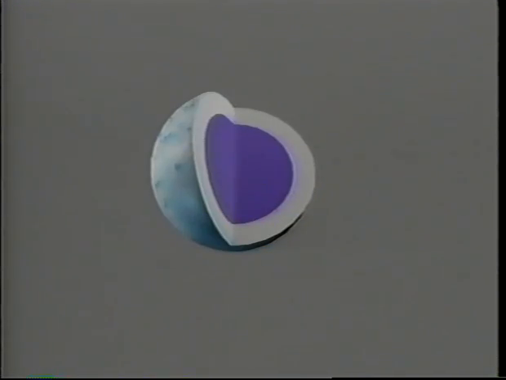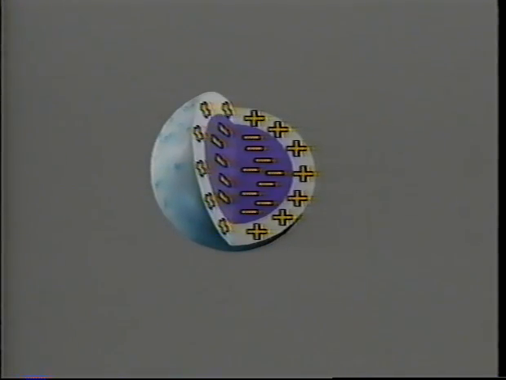As the outer boundaries of water droplets start to freeze, positive ions, or particles with a positive electrical charge, flow to the area of ice formation. This creates an outer shell which is positively charged and a center which is negatively charged. When the interior freezes and expands, it shatters the outer shell.